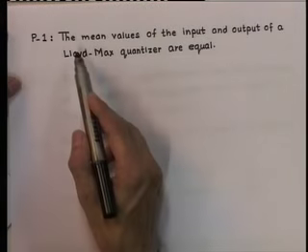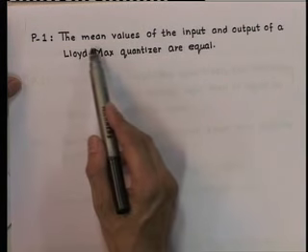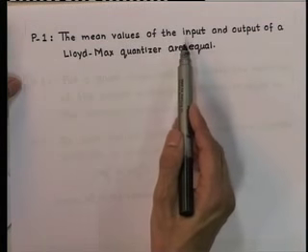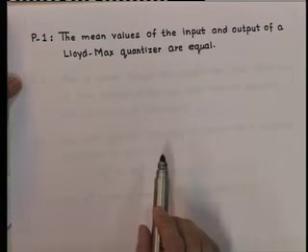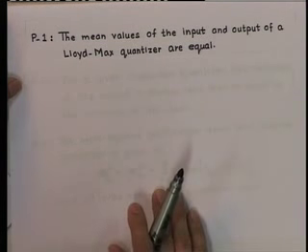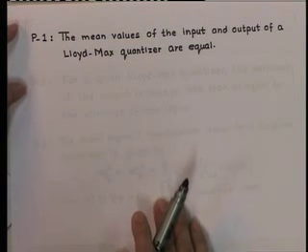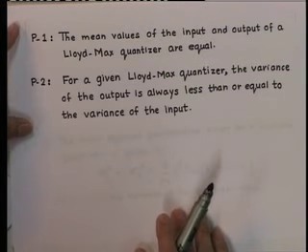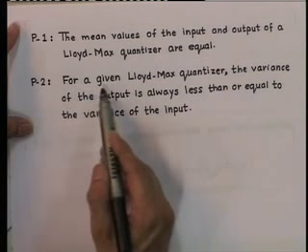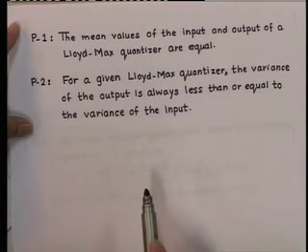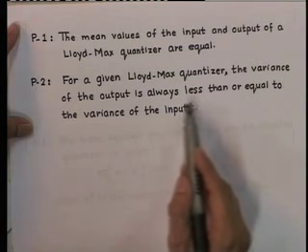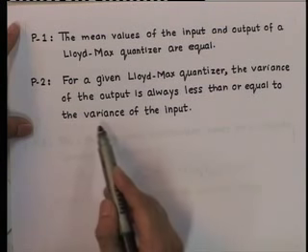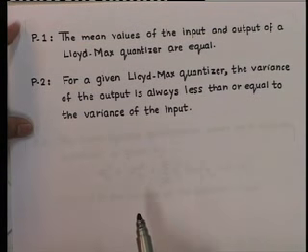The first property says that the mean values of the input and output of a Lloyd max quantizer are equal. The next property says that for a given Lloyd max quantizer, the variance of the output is always less than or equal to the variance of the input.